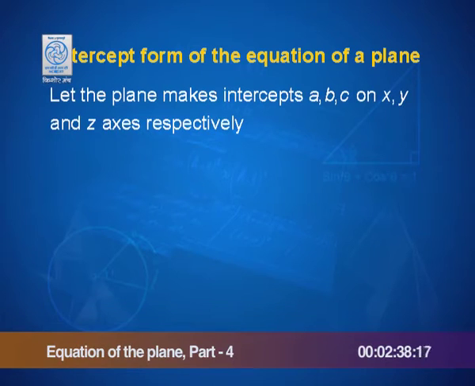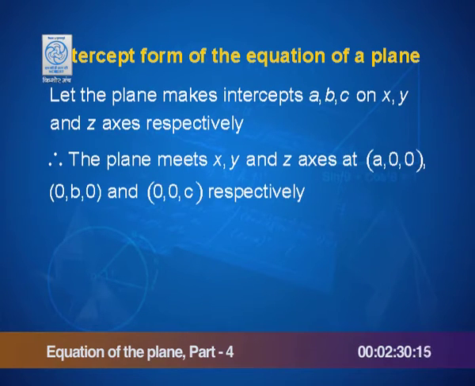Here we have a plane making intercepts a, b and c units on x, y and z axis respectively. So, the plane must meet the 3 axes at the points (a,0,0), (0,b,0) and (0,0,c) respectively. Now, in this case again you can use the same procedure as in our previous question, because these are 3 non-collinear points.